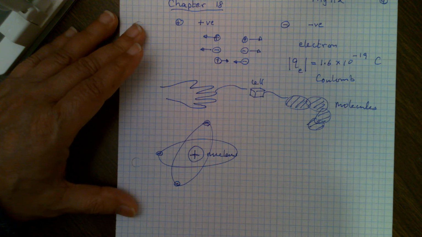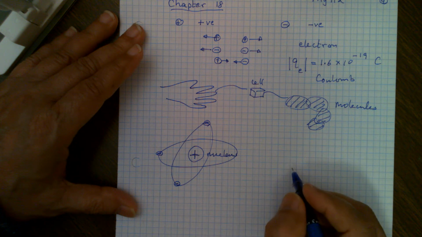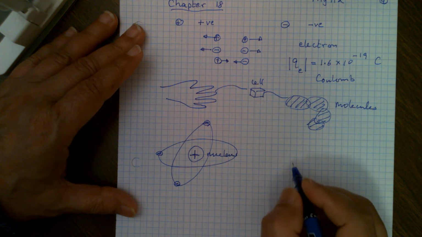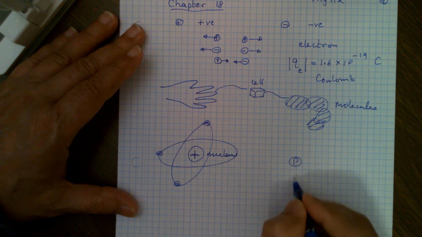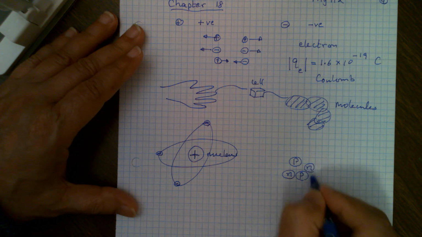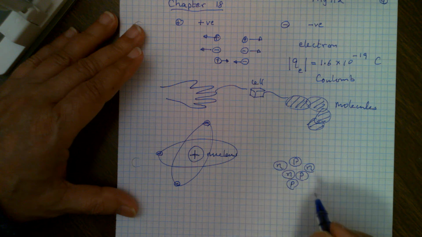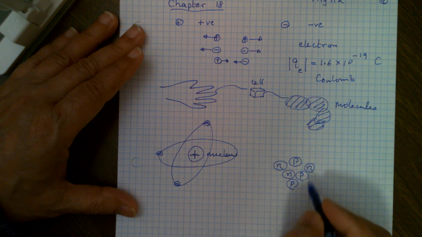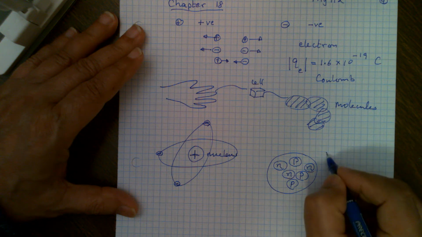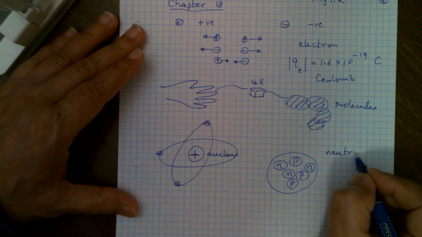So inside the nucleus, there are two types of particles. Actually, there are more, but in general, basically, there are two types. One is called proton, and one is called neutron. So I'm just writing N and P. I'm not writing them in any particular order. And this will be a nucleus. The neutrons don't have any charge.